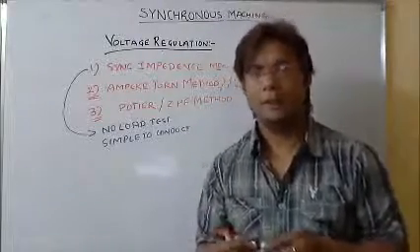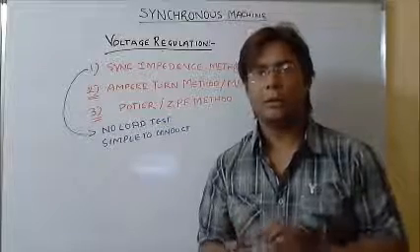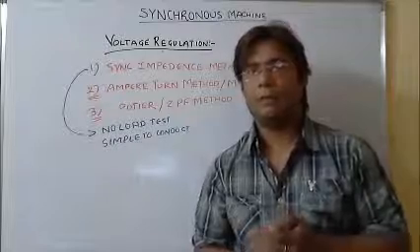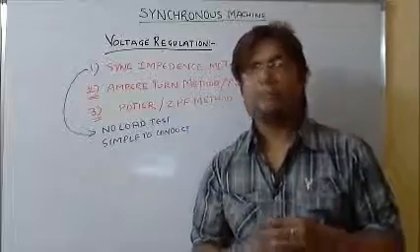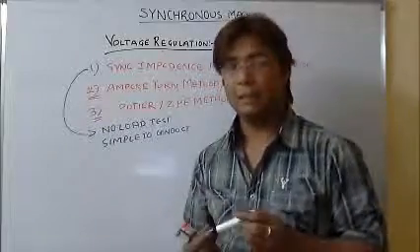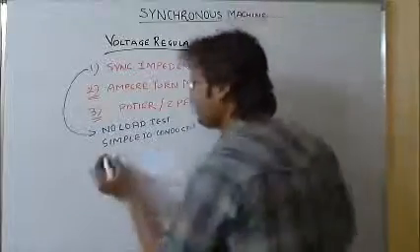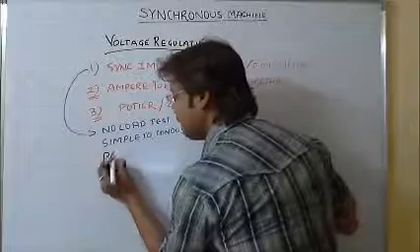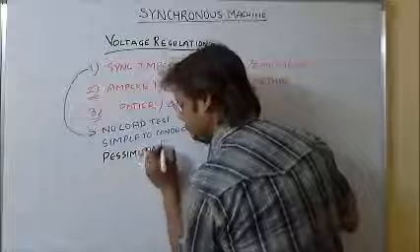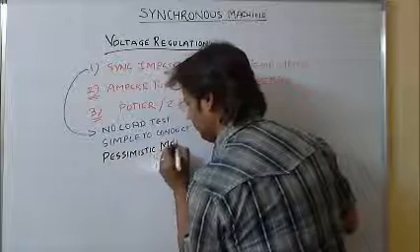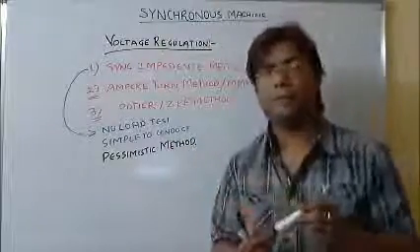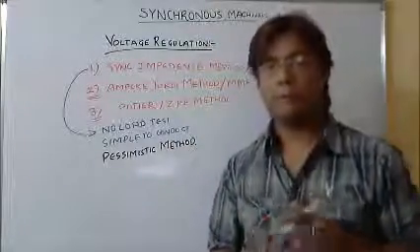The open circuit characteristics we will be drawing and short circuit characteristics we will be drawing, and from that we will be finding the voltage regulation. The only disadvantage of this method is that this is a pessimistic method. This EMF method is normally known as the pessimistic method.